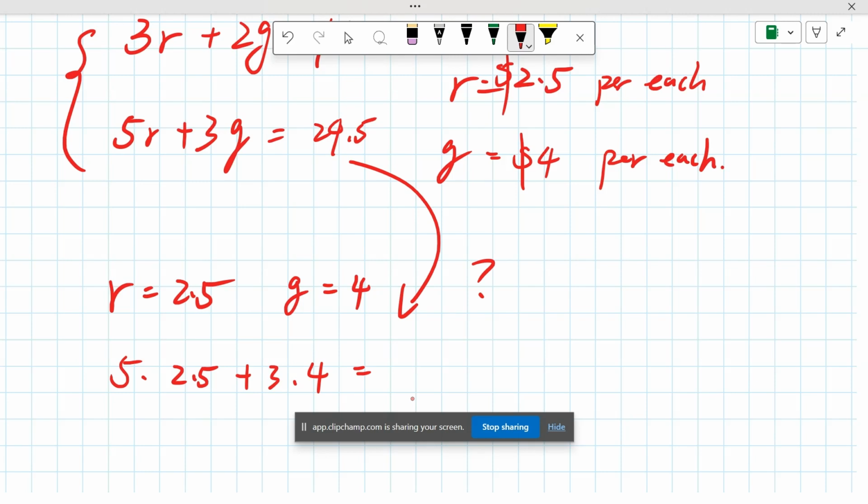So 12.5 plus 12, so that equals 24.5. That means we got the right answer.